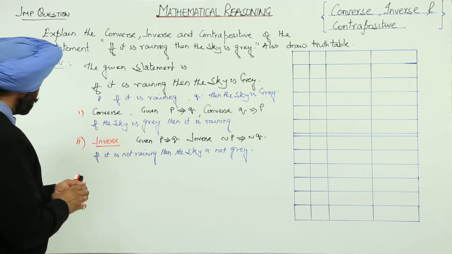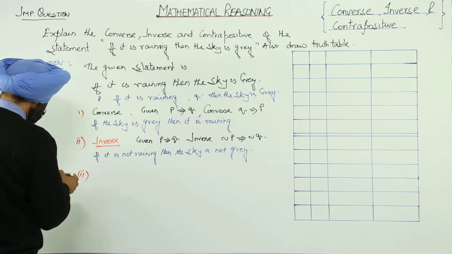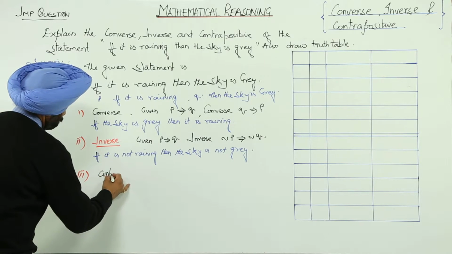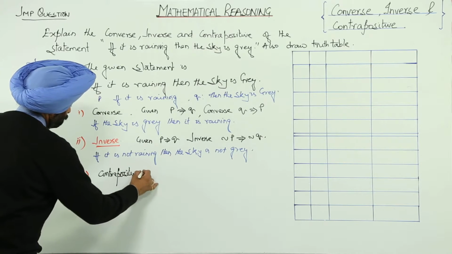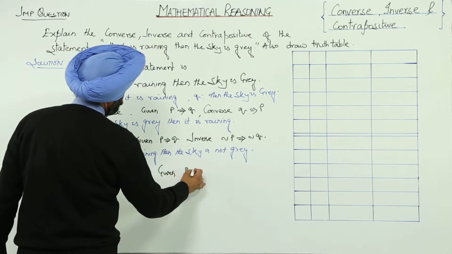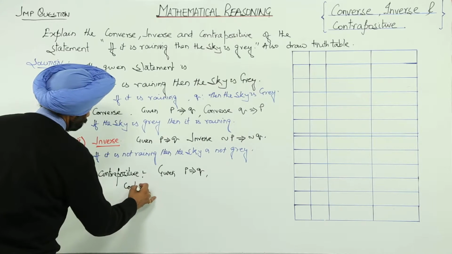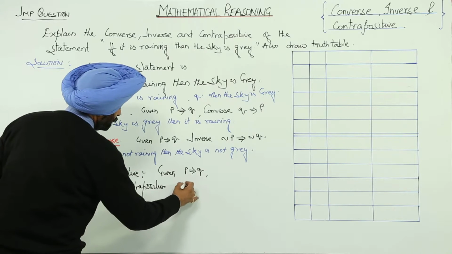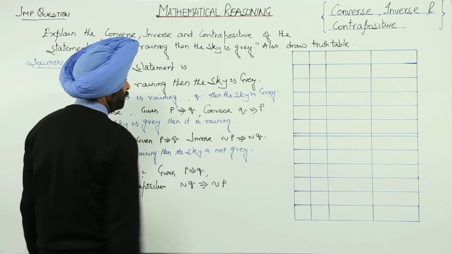Okay. Now the third part, contrapositive. Given P implies Q, the contrapositive becomes negation of Q implies negation of P. Okay.